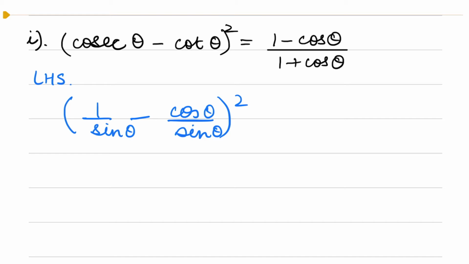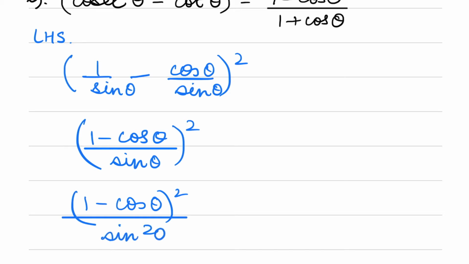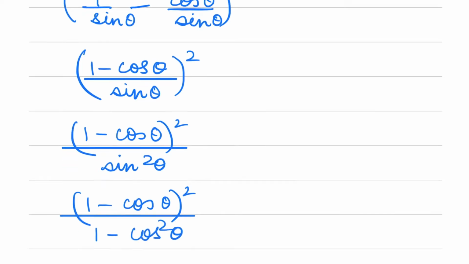Now if I take the LCM, I get (1 minus cos theta) divided by sin theta, and whole square. So (1 minus cos theta) whole square divided by sin square theta. Now sin square theta can be written as 1 minus cos square theta.